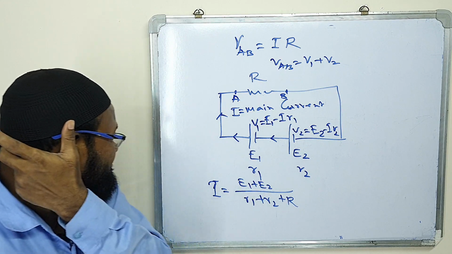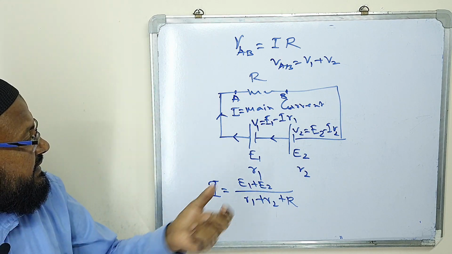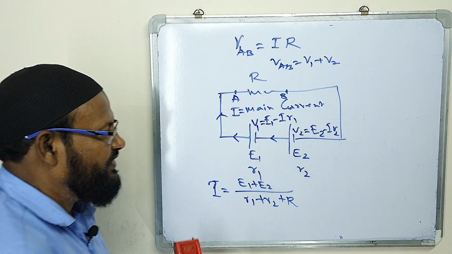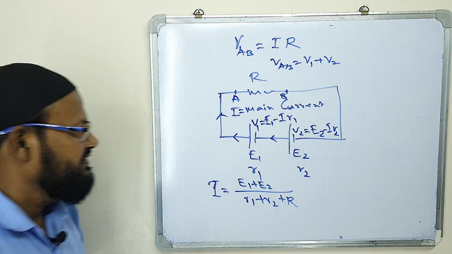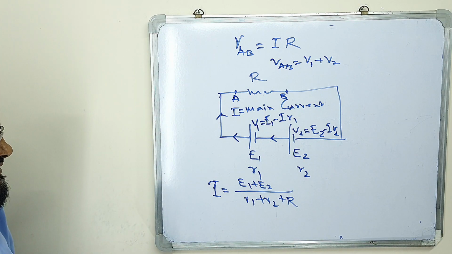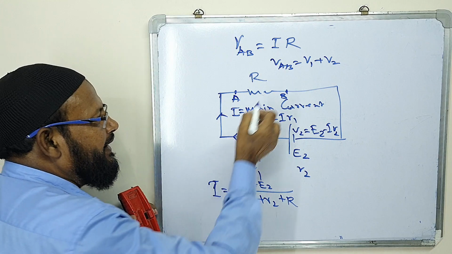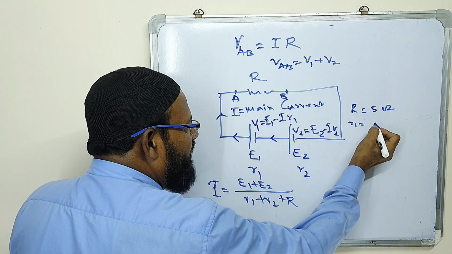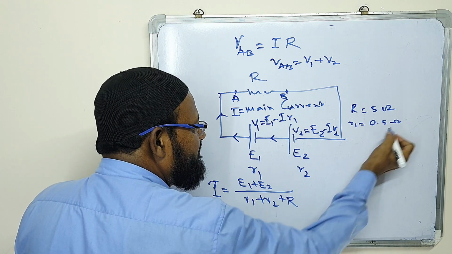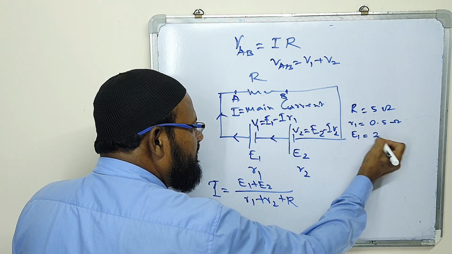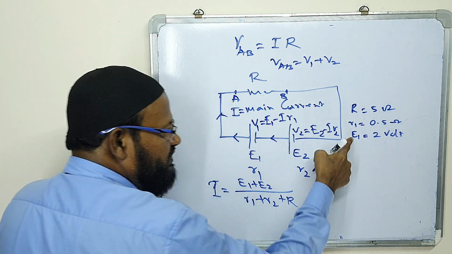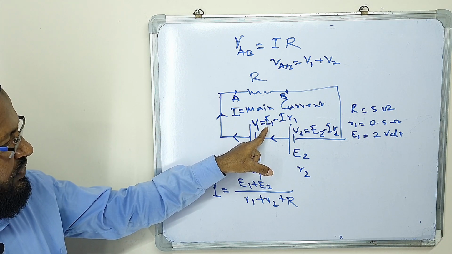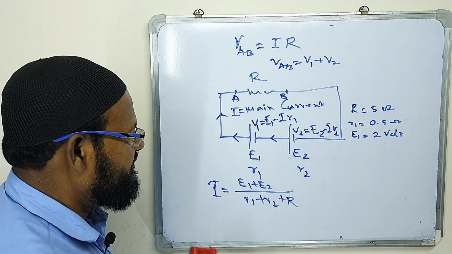In this case, here this part is the potential drop, and here is the potential drop. Suppose I am giving one question. The question is: here R equals 5 ohm, R1 equals 0.5 ohm, E1 equals 2 volt. The unit of electromotive force is volt.